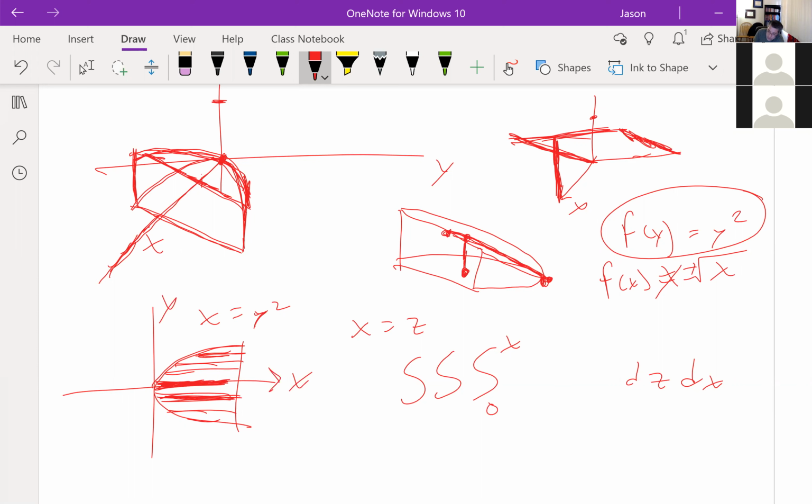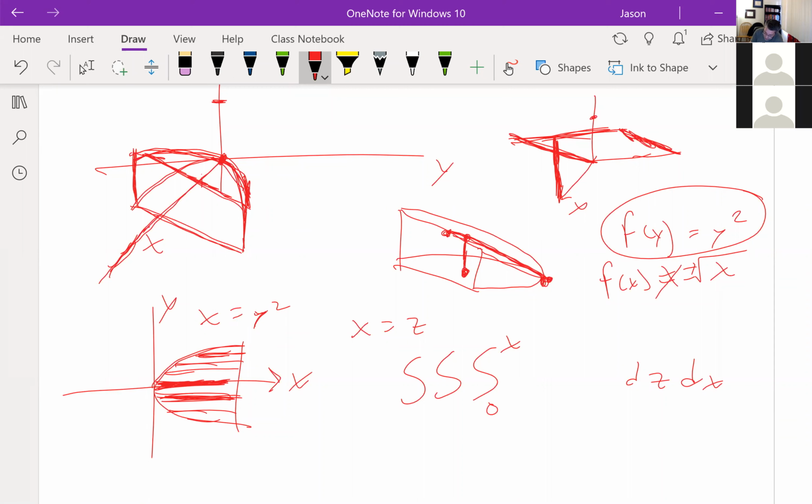Okay, sorry about that. Think of this as a horizontal slice instead of a vertical slice this time, right?